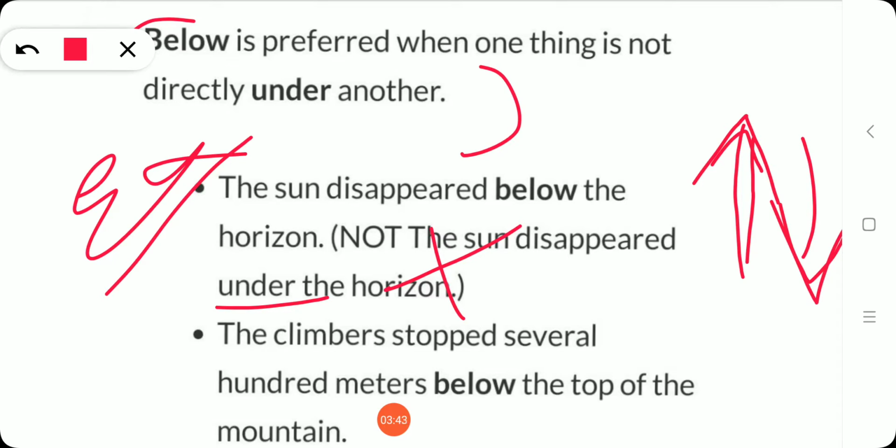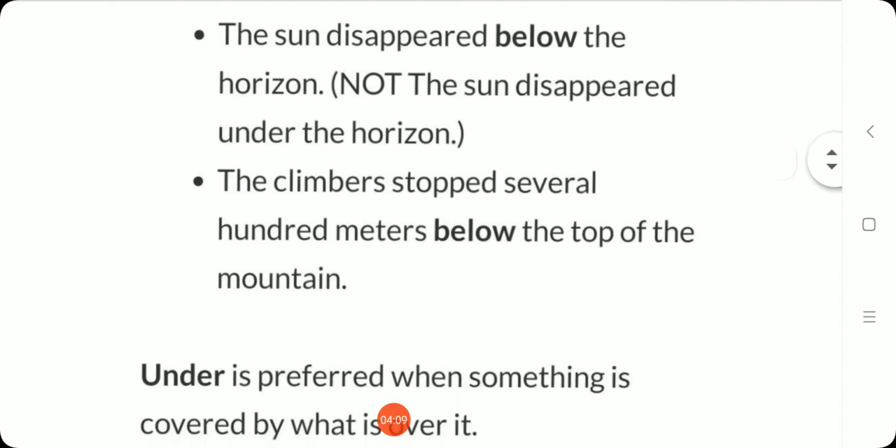Why we should not use under here is because of the condition: below should be used when one thing is not directly under another. Below the horizon, exactly vertically, we cannot say. So we have to use below here, and using under for this sentence is wrong, right?